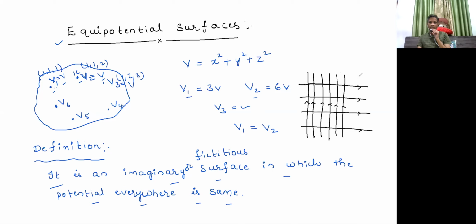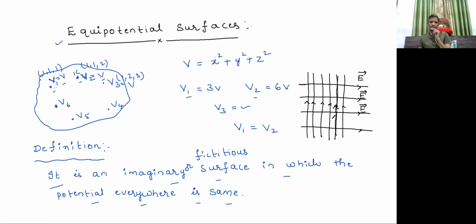We have seen in work done that the fifth point I discussed was, if you try to move a charge perpendicular to the electric field, the work done required is 0. So what are the lines perpendicular to this electric field? We have the equipotential lines, right?